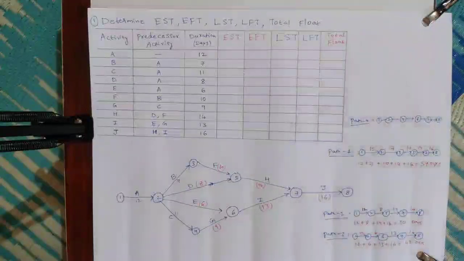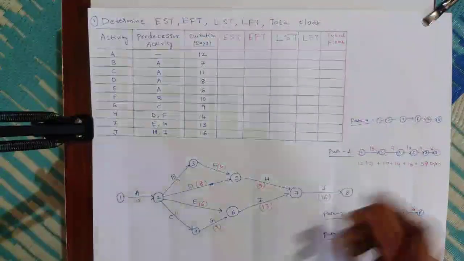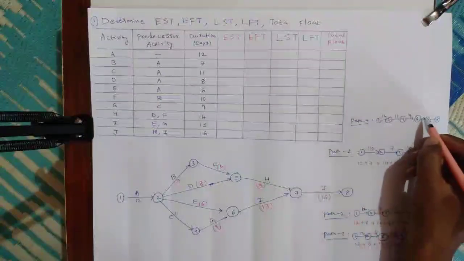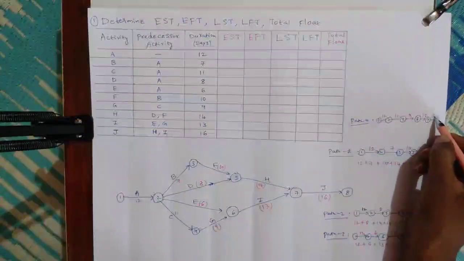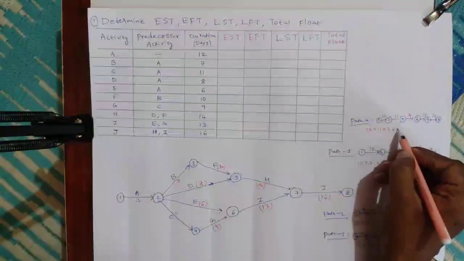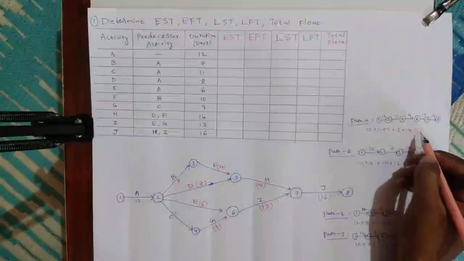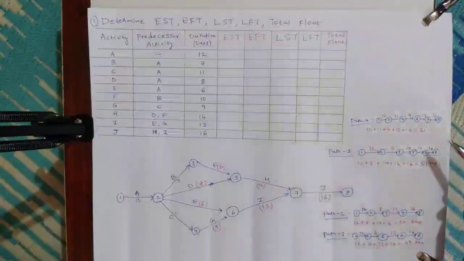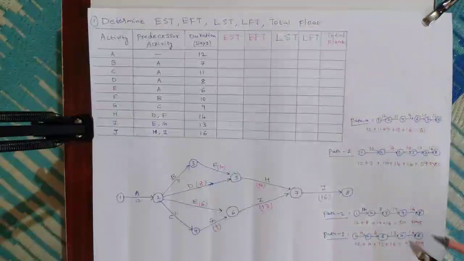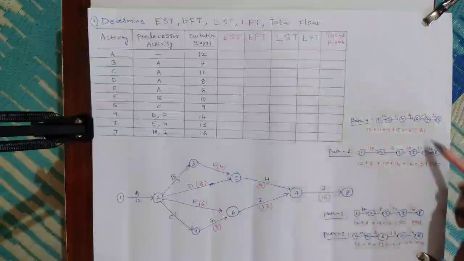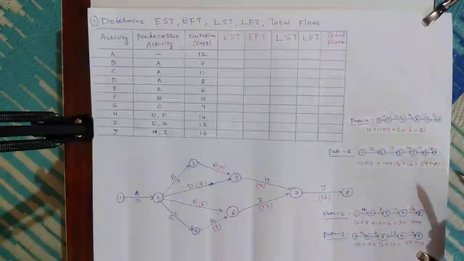If you see this 1 to 2, here duration is 12, 11, 9, 13, 16. If you do summation, 12 plus 11 plus 9 plus 13 plus 16, we will get 61.